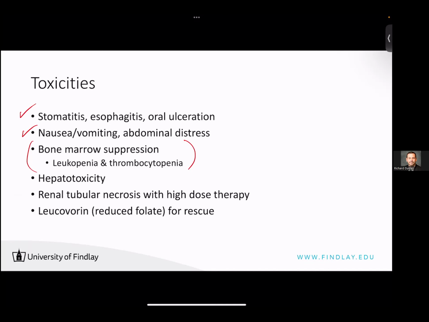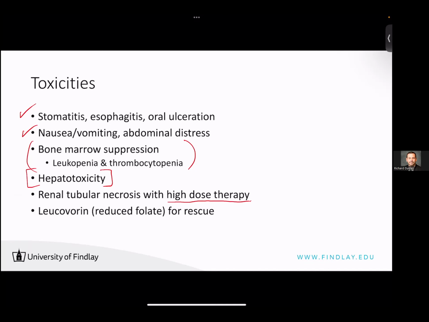And then, excuse me, hepatotoxicity has been reported with methotrexate. We also can see instances of something called renal tubular necrosis, and this is associated with high dose therapy. There are certain lymphomas that require high dose methotrexate.